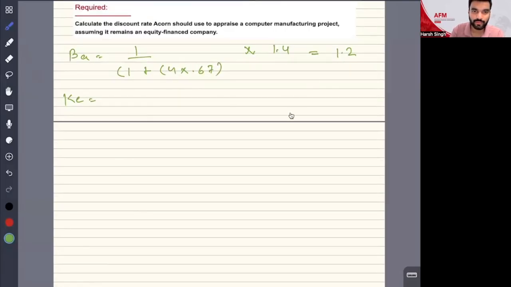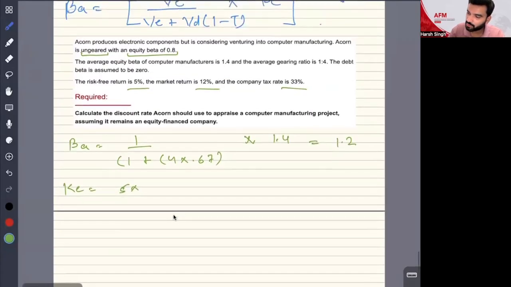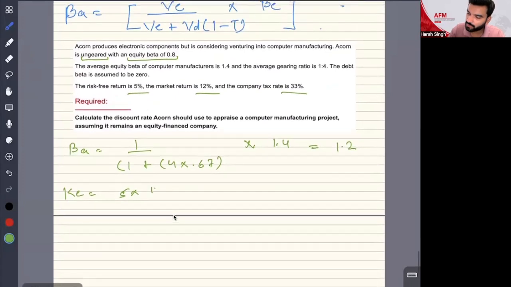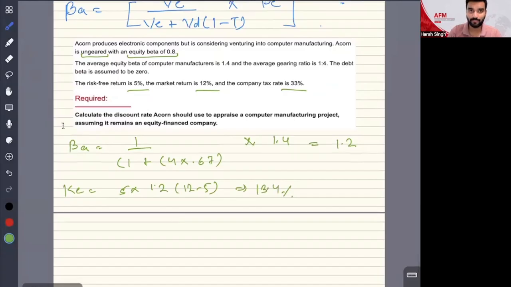If you look, everyone, 5 plus 1.2 into market return 12 minus 5. That will give you my cost of capital, which is 12 minus 5 is 7, 7 times 1.2 is 8.4, plus 5 is 13.4. That is the normal way.